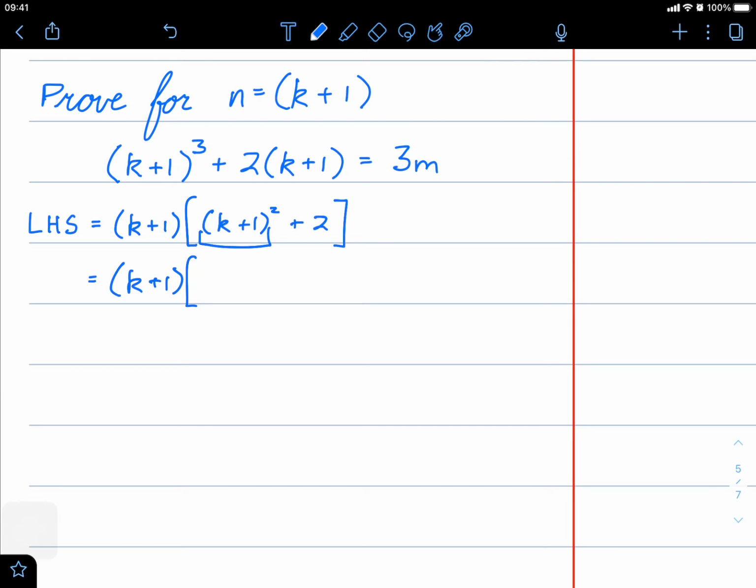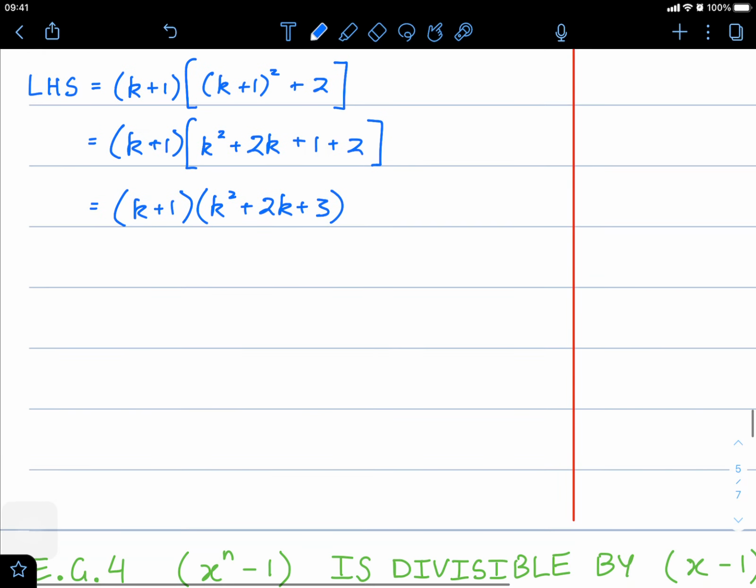Expanding this group, we get k squared plus 2k plus 1 plus 2. Collecting like terms, we get k squared plus 2k plus 3. Now at this point, sometimes you might think, oh, I'll simplify it even further by factorizing.